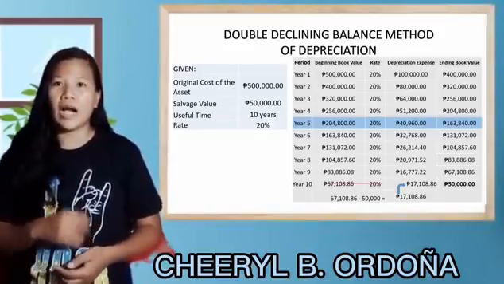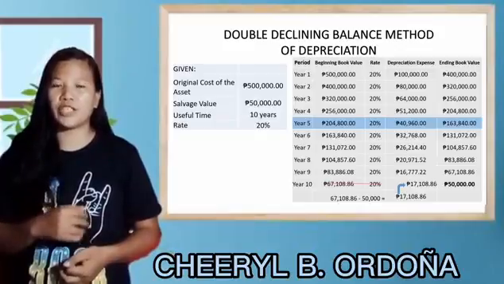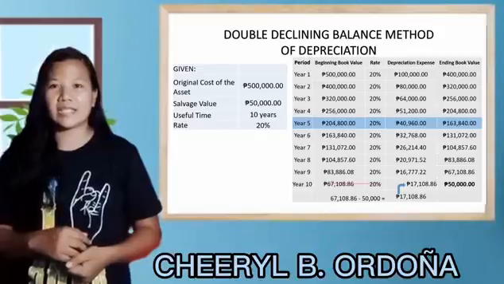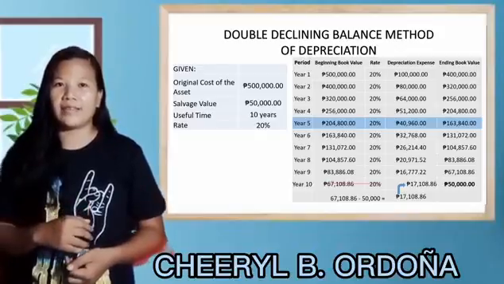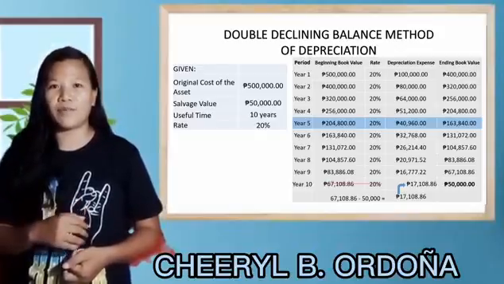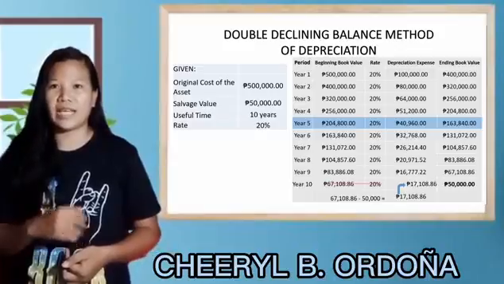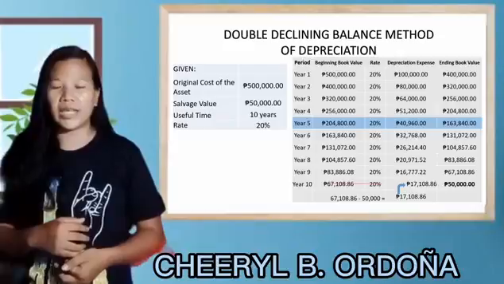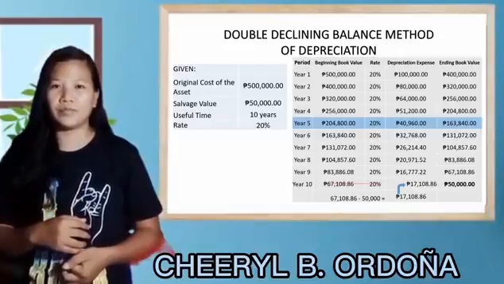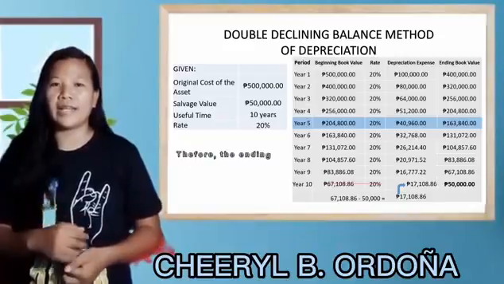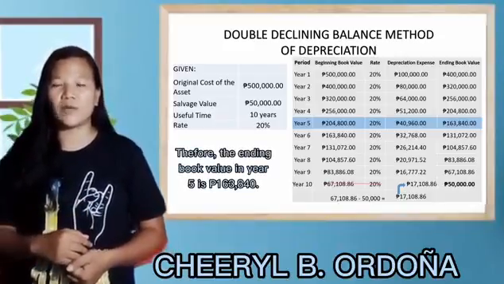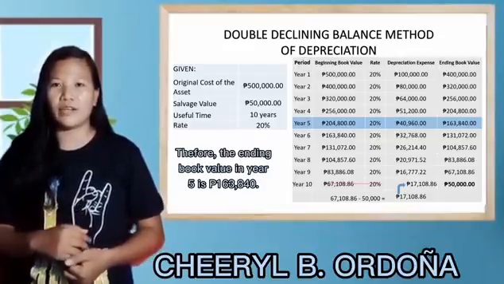Therefore, our depreciation expense for year 10 is 17,108.86 to get the ending book value of 50,000 pesos in year 10. So, in our problem, we are looking for the ending book value in year 5. Therefore, the ending book value in year 5 is 163,840 pesos.